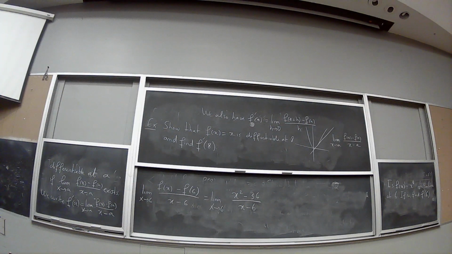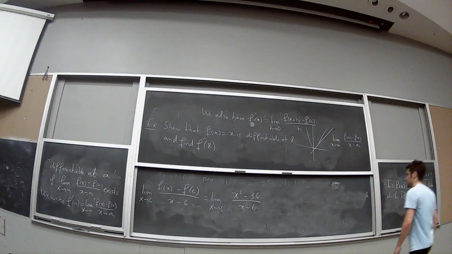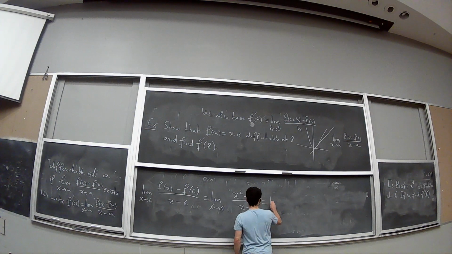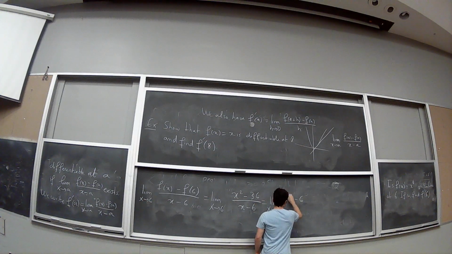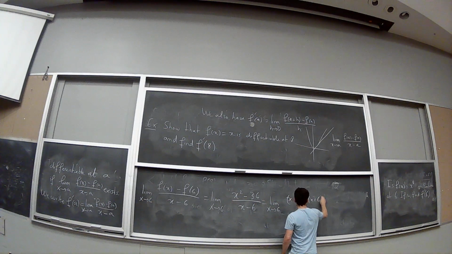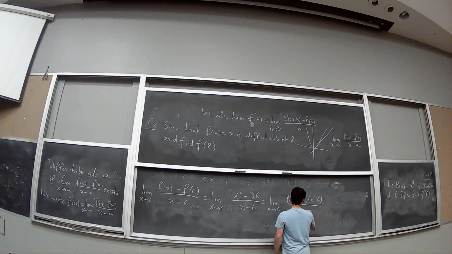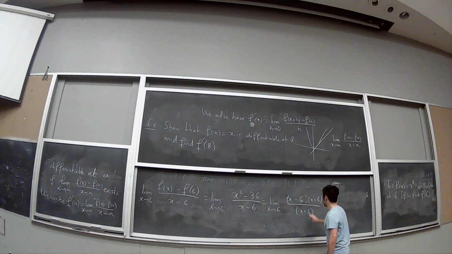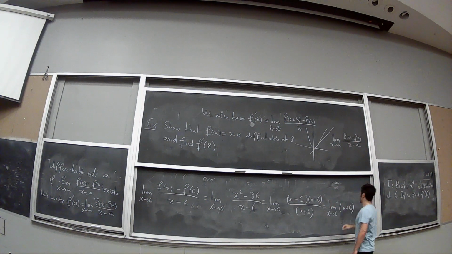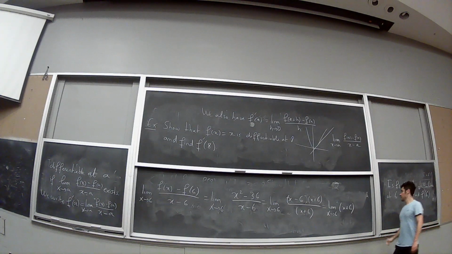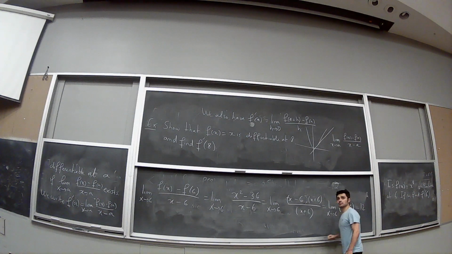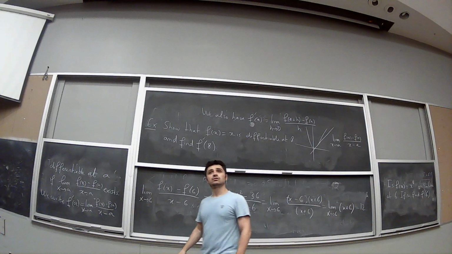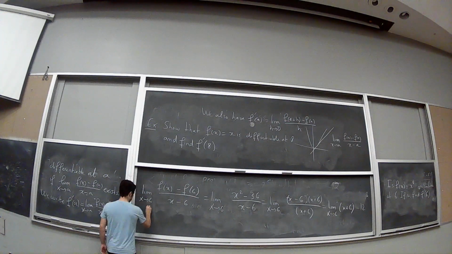I can factor the top into x minus 6 times x plus 6. I cancel out the x minus 6, and I'm left with x plus 6. And what do I get? 12. Is f differentiable at 6? What is f prime at 6? 12. So f is differentiable at 6.